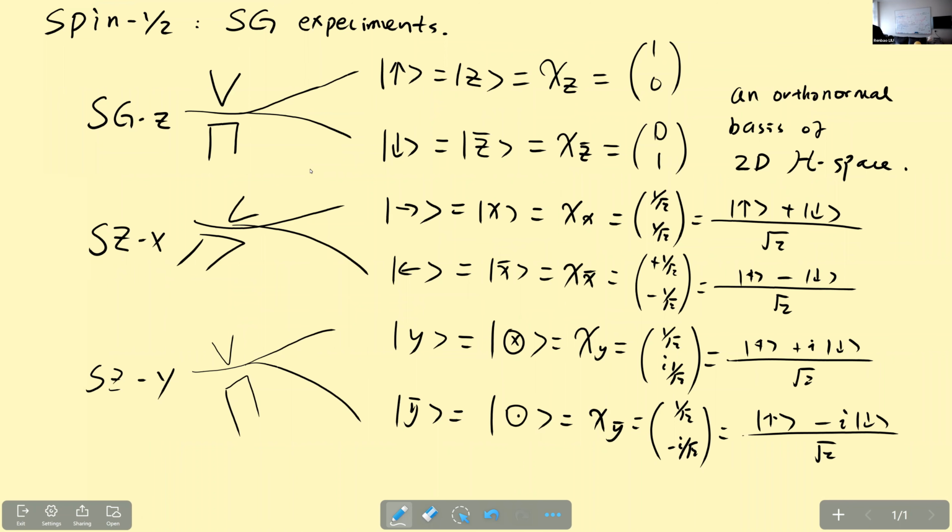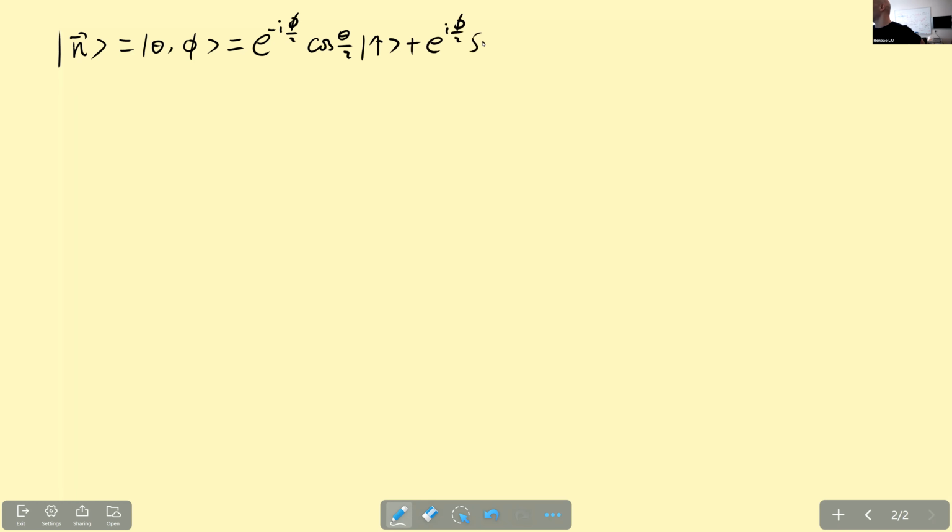Of course, you can also have a state in any direction. So we can denote a state, say m, in the n direction, or use Euler angles theta and phi to denote this direction. This can be written as e to the minus i phi over 2 cosine theta over 2 spin up plus e to the i phi over 2 sine theta over 2 spin down.